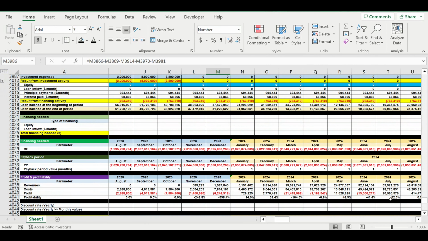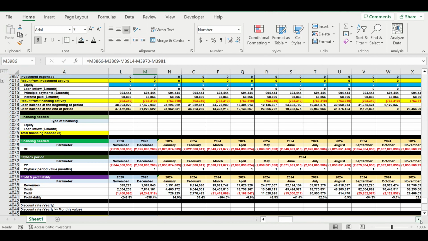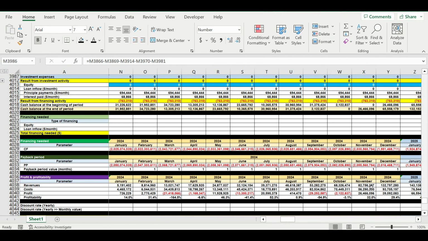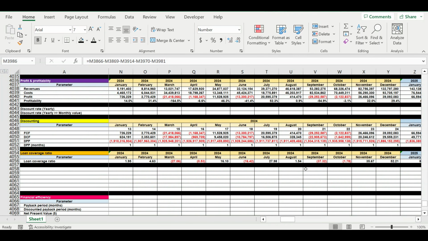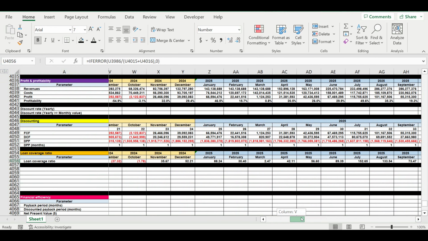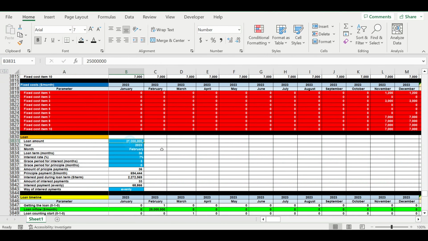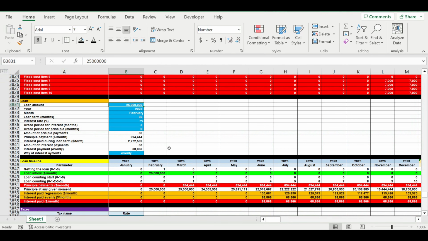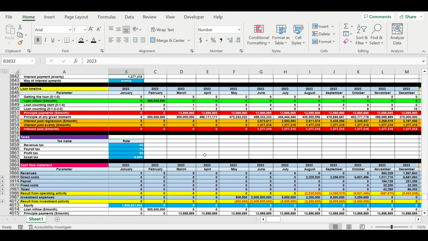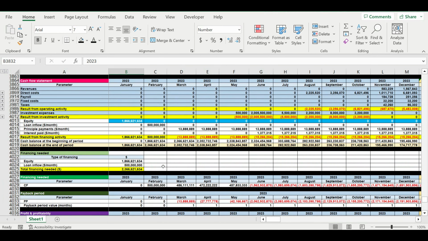If, for example, let's try to increase the amount of loan, let's change the structure of financing of our business idea.